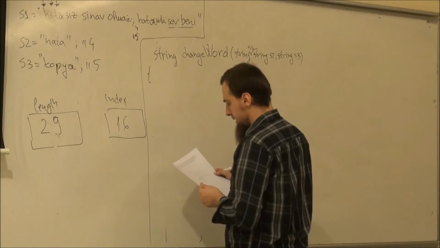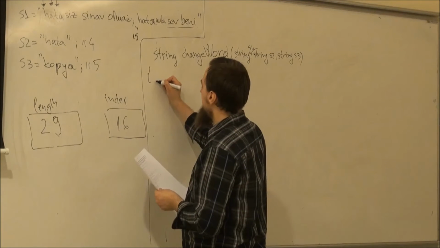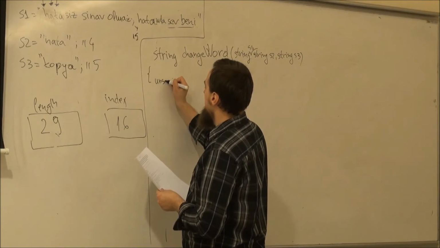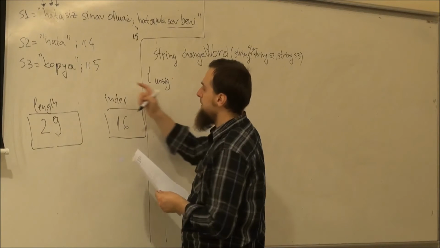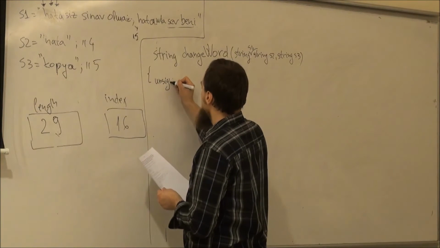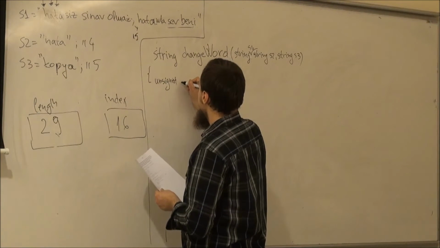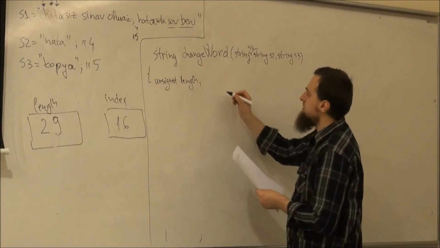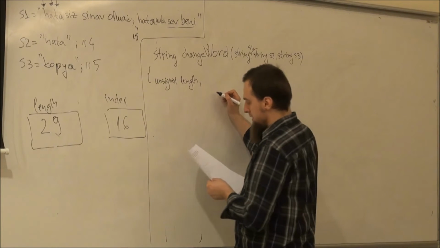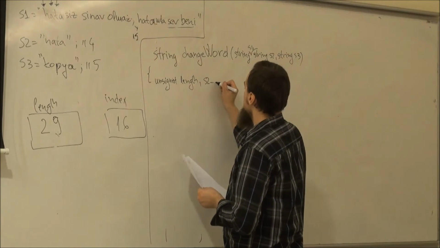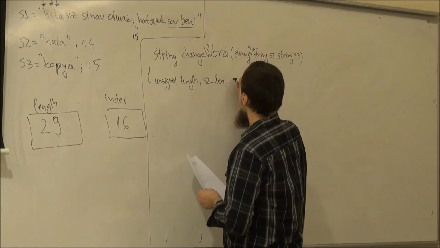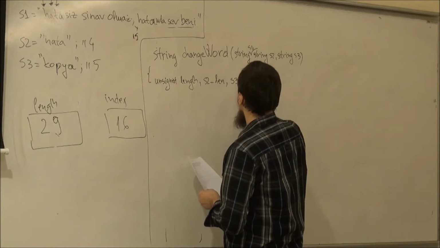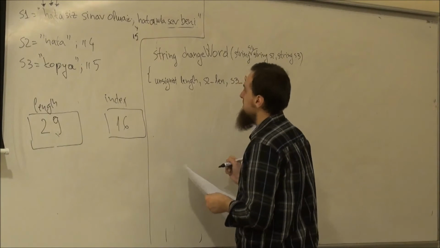Now I'm declaring 3 unsigned variables for the lengths of those 3. Unsigned S1 len is the length of the first string, then S2 len is the length of the second string, and S3 len is for the third string.